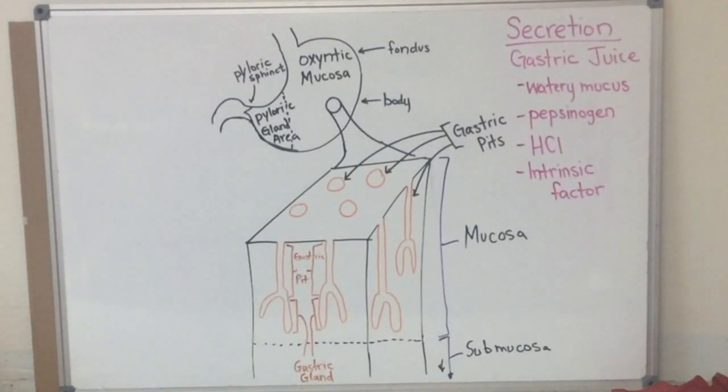Deeper in the gastric glands are chief cells. Chief cells secrete the enzyme precursor pepsinogen. When activated, pepsinogen will reconfigure to form pepsin. Parietal cells secrete hydrochloric acid and intrinsic factor.